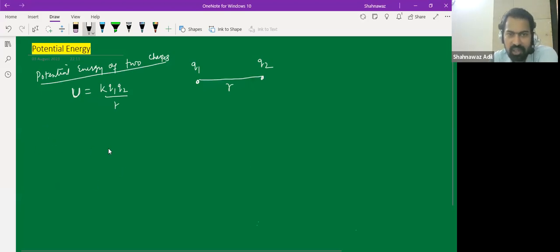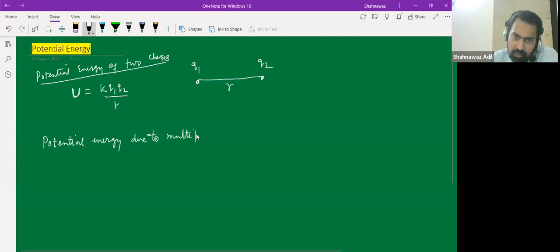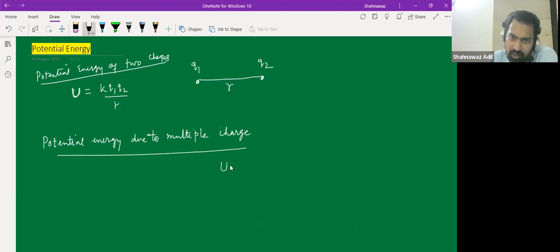Now, let's say we have multiple charges. So the potential energy due to multiple charges is defined as 1 by 2, the sum over i equal to 1 to n and j equal to 1 to n, with i not equal to j, of k qi qj divided by rij.